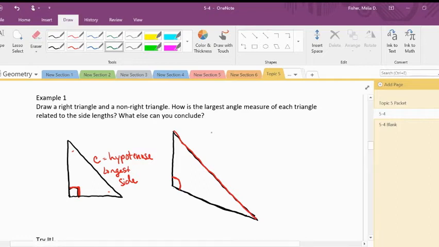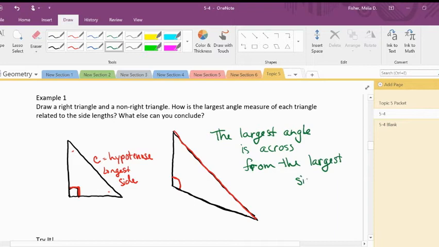So what we're going to conclude here is the largest angle is across from the largest side. They are opposite each other.